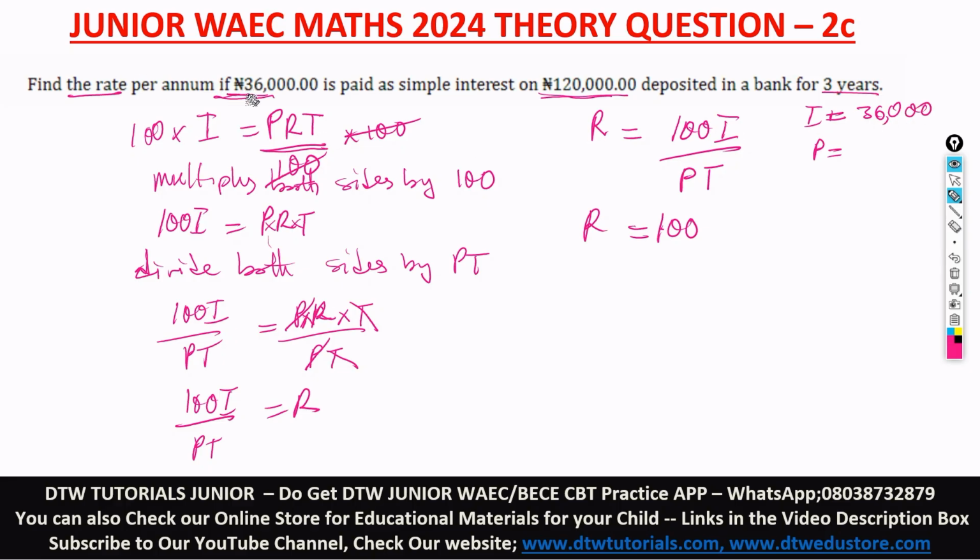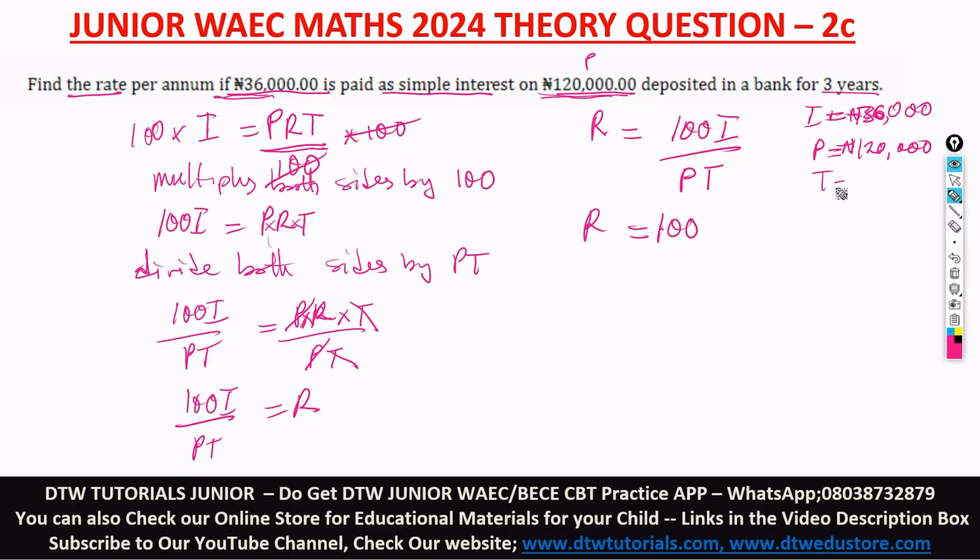If 36,000 is paid as interest on 120,000, so our principal, when I just did that, I said, oh no, you've made a mistake, teacher Blessing. Your interest should not be greater than your principal. So here you have 36,000 and our principal is what? 120,000 naira. Let's put the naira here.